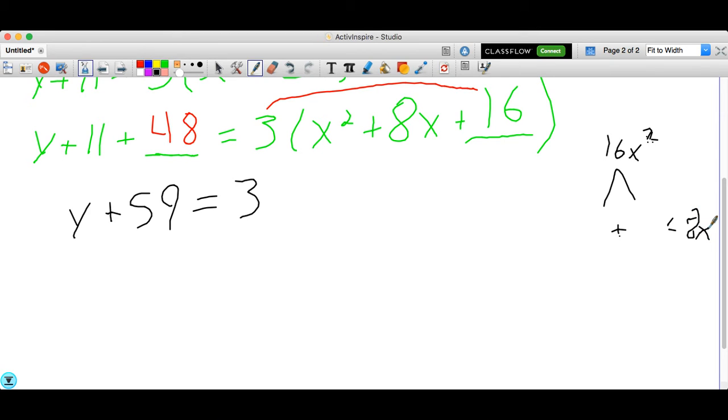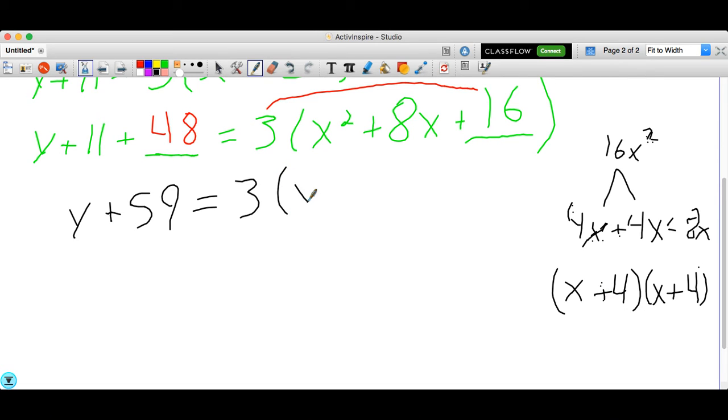This time that's going to be a positive 4x and positive 4x. Okay. Which shortcuts into x plus 4 and x plus 4. So on the right-hand side, we're going to have x plus 4 quantity squared.